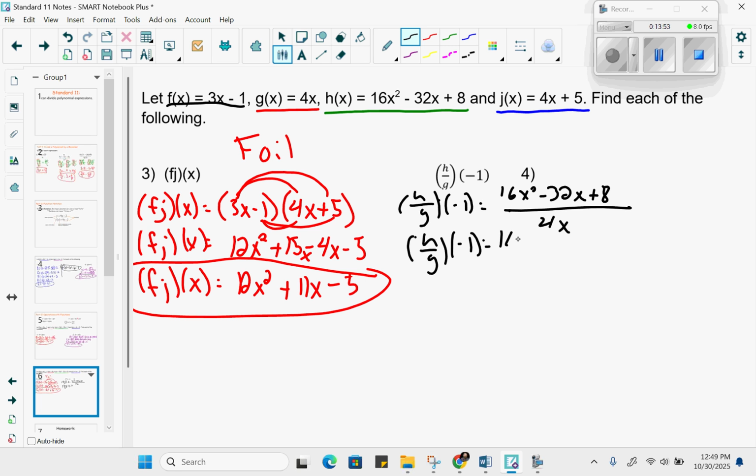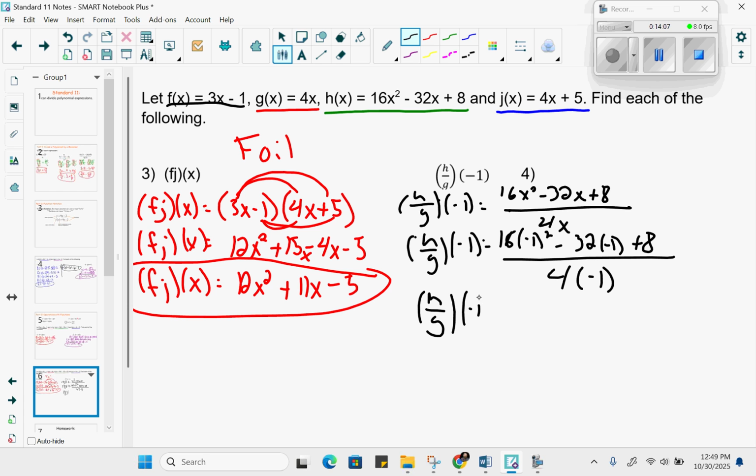So 16 times negative 1 squared minus 32 times negative 1 plus 8, all over 4 times negative 1. h over g of negative 1. So I have 16 times, the negative 1 squared is 1, 16 times 1, 16. Minus 32 times negative 1, plus 32.